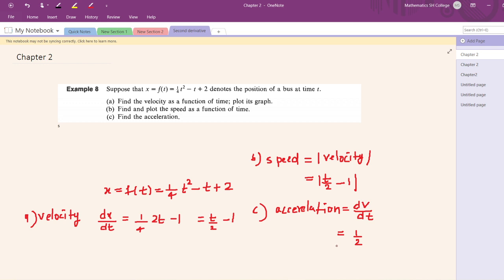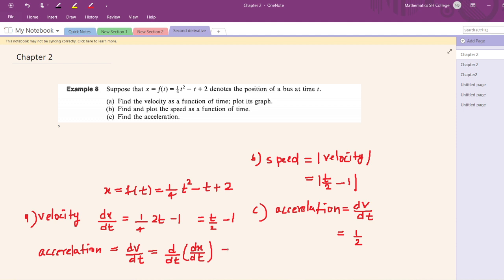Now we have seen that velocity is nothing but dx by dt and acceleration is dv by dt. So it means that we can write acceleration as dv by dt, and what is v? v is nothing but dx by dt. So it is d by dt of dx by dt.